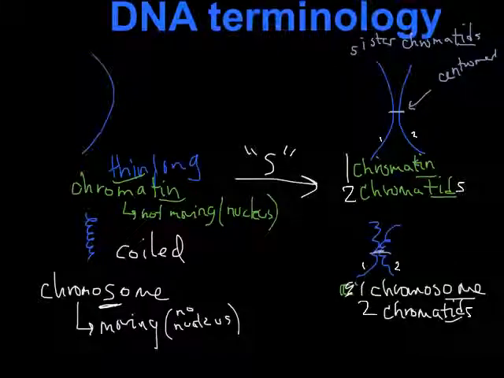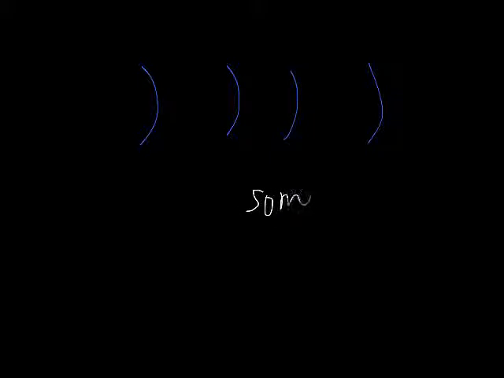Let's practice. So here, let's say I've got that many pieces of DNA. Tell me how many somes, chromosomes, how many tins, chromatin, and how many tids you got there. Okay, first of all, somes means coiled.